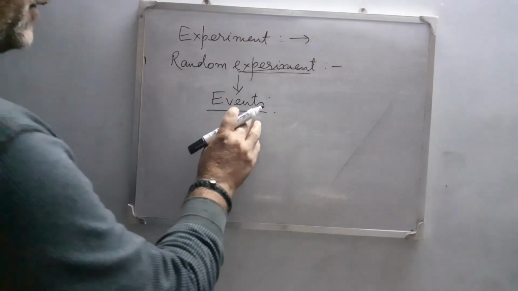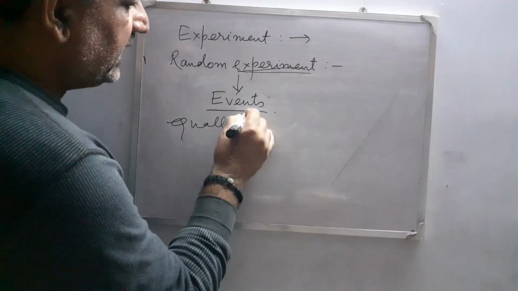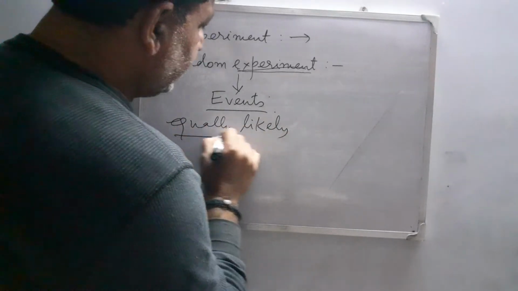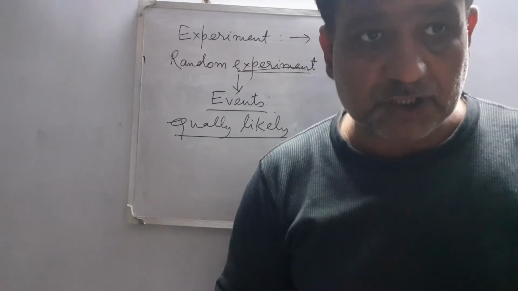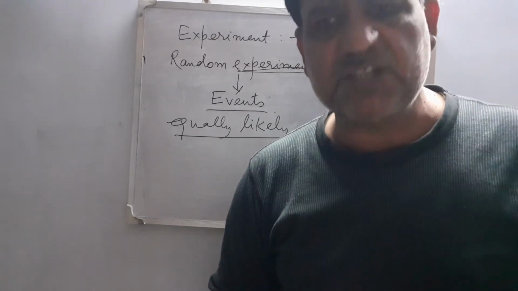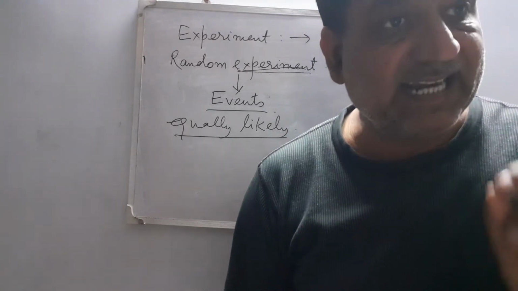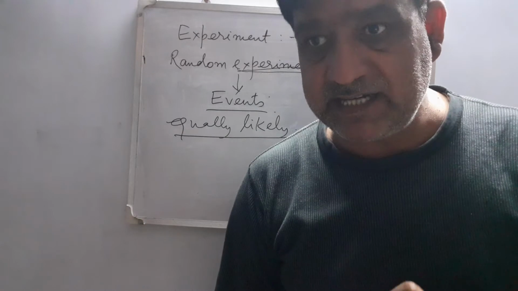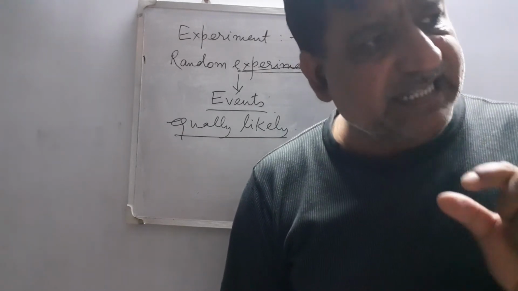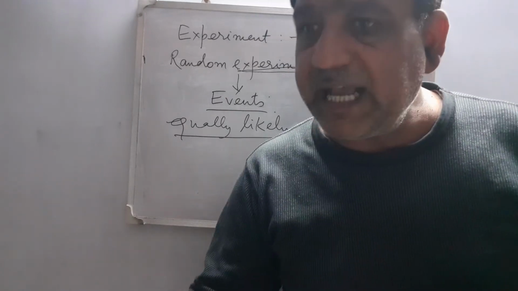Now, these events should be equally likely. Equally likely means without giving priority to anyone. Suppose there are 50 students in your section. If you want to select any one student, you write the names of all the students on similar slips, keep all these slips in a drum, mix them well, and pick up any one slip.